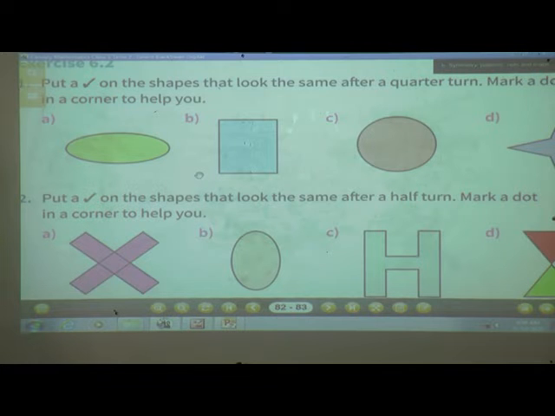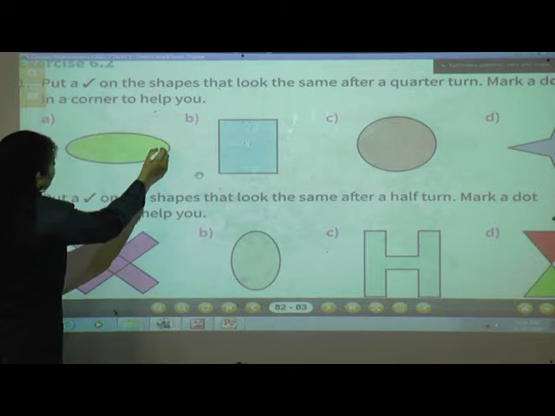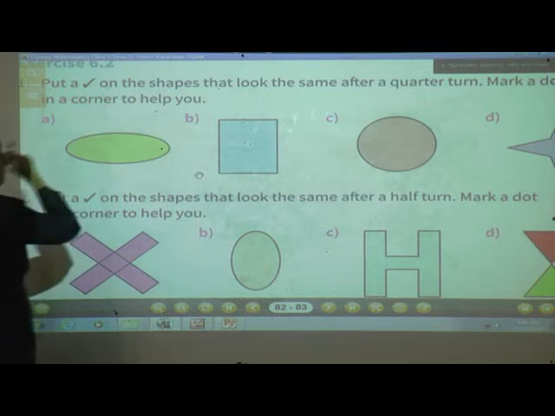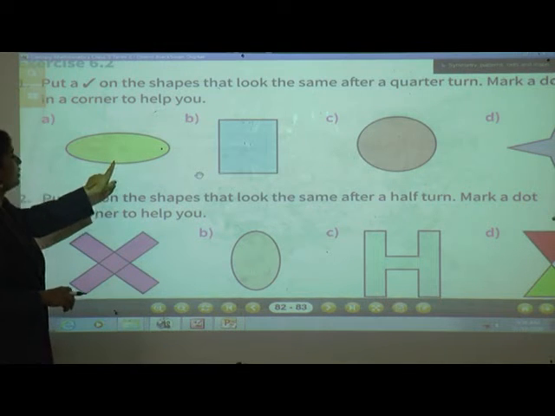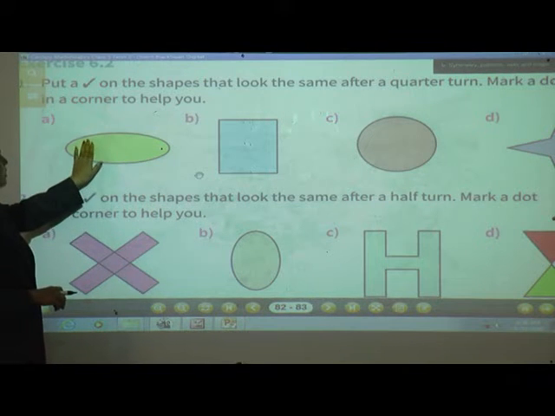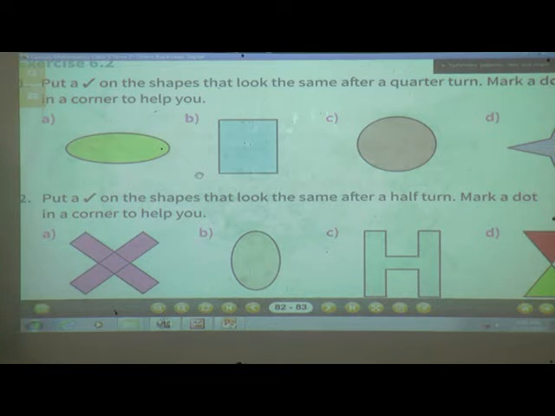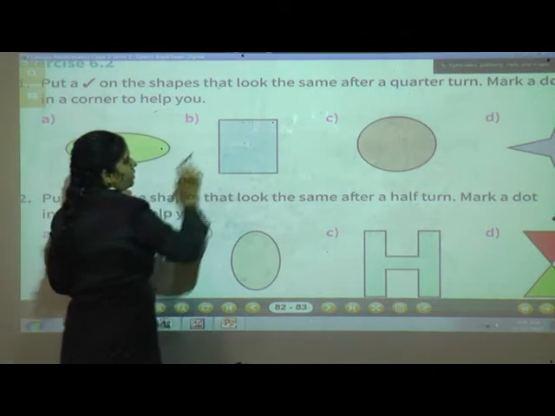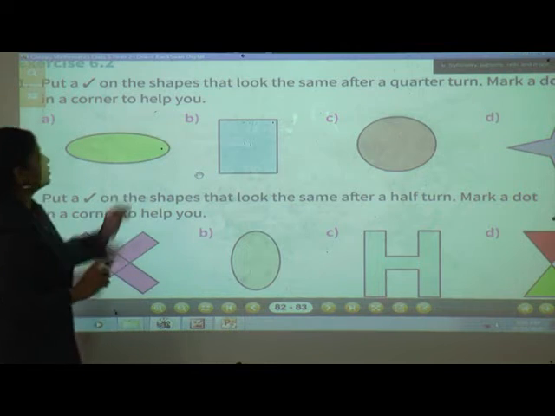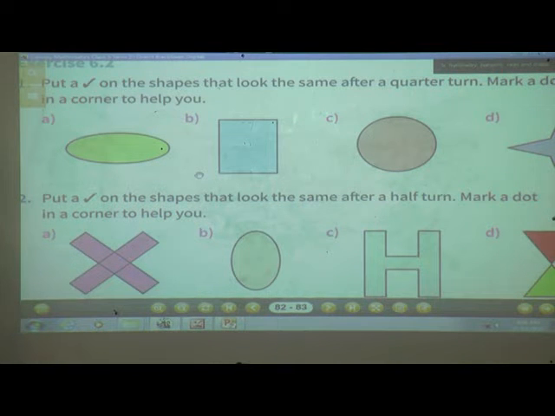See students, for the first one, if I turn it a quarter turn, where will it go? Does it look the same? No, the dot will come here. So this shape will not look the same when we turn it a quarter turn. Okay. Now for B1, here. Will this shape look the same after a quarter turn?